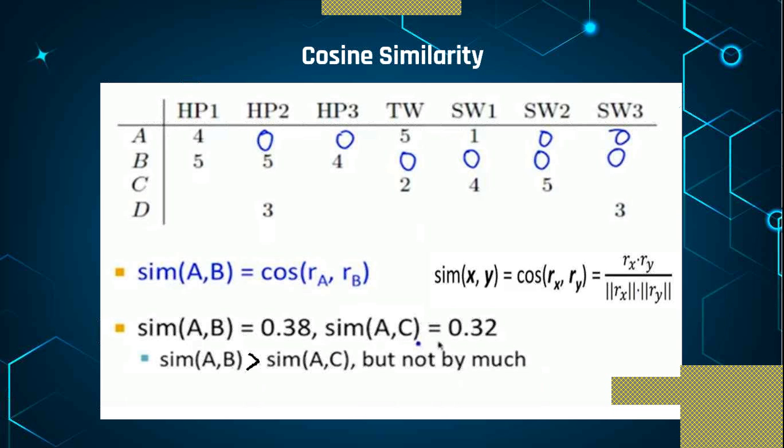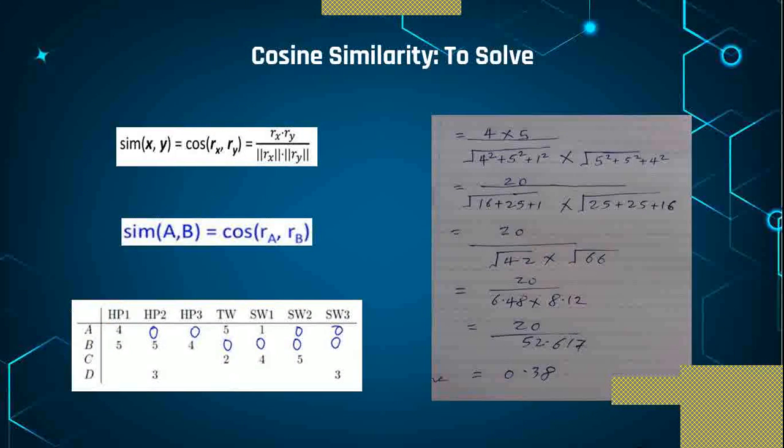Now, how do we find this cosine similarity? To solve it, you have to use the formula cos(Rx, Ry). So what is this Rx? Rx is nothing but the rating vector of X and Ry the rating vector of Y. You can see on the right-hand side 4 into 5.